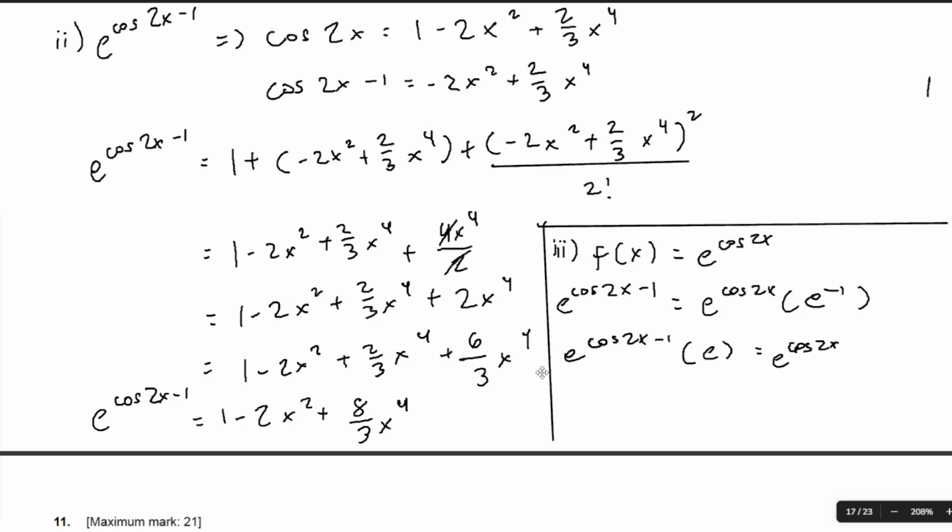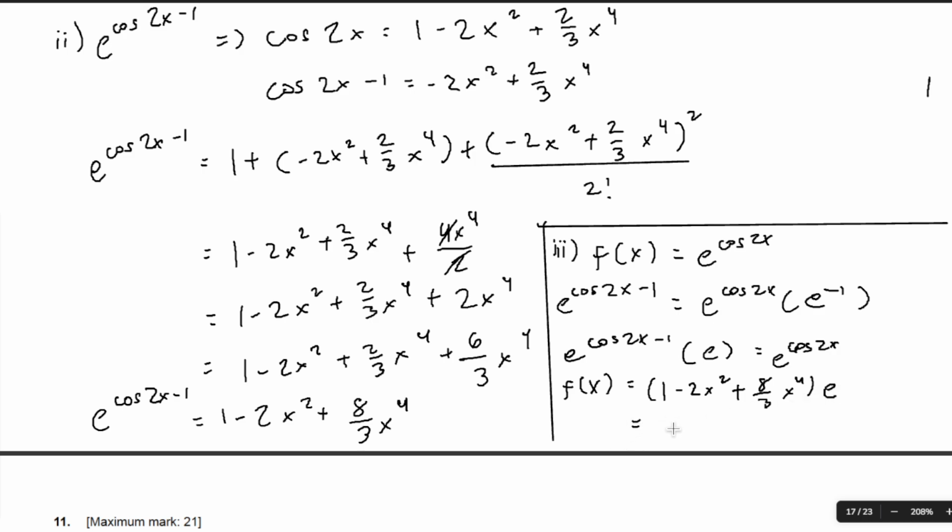And by knowing that, we can find our Maclaurin series for e power cos 2x, as it would be f of x equals 1 minus 2x squared plus 8 over 3x power 4 from here, and then times e, right?